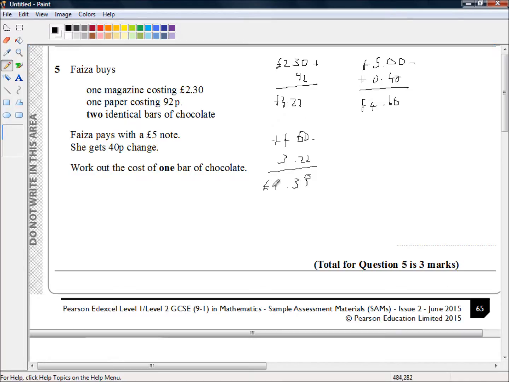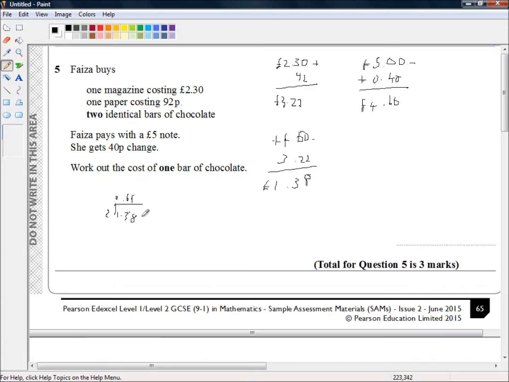Again, you can use a calculator in the same way. Okay, so we've got our £1.38, we just divide by 2, and that gets us the cost of our individual chocolates. 2 goes into 13 6 times, remainder 1, that's 9, so that's 69 pence.